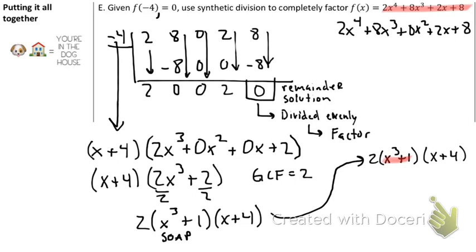To SOAP it, we take the cube root: x times x times x, and 1 times 1 times 1.